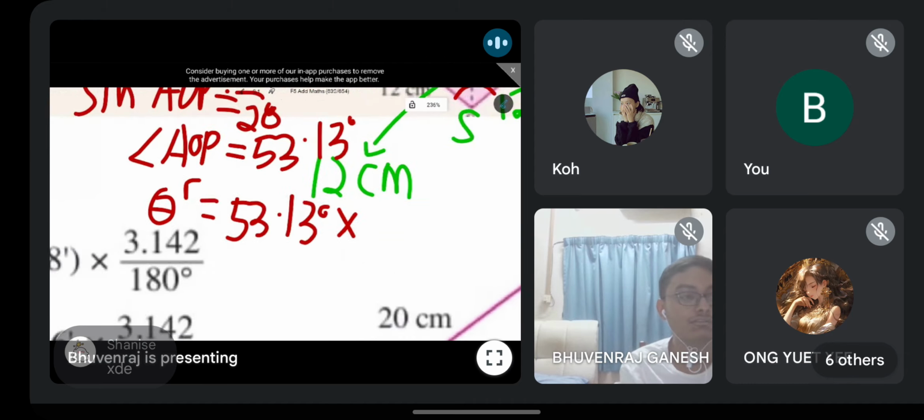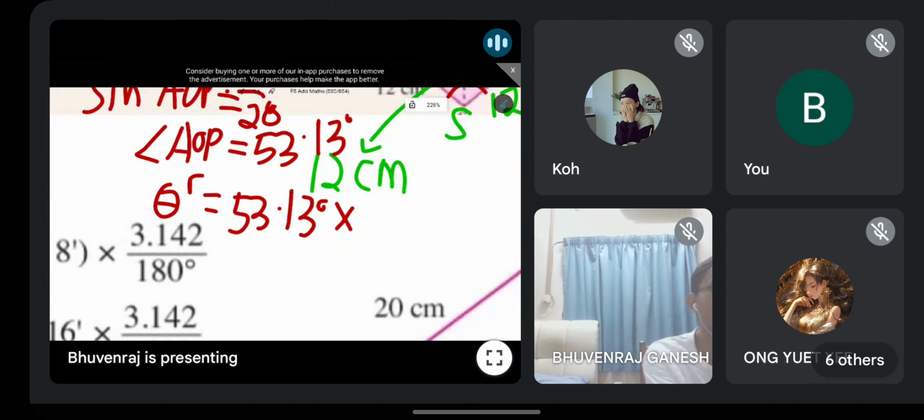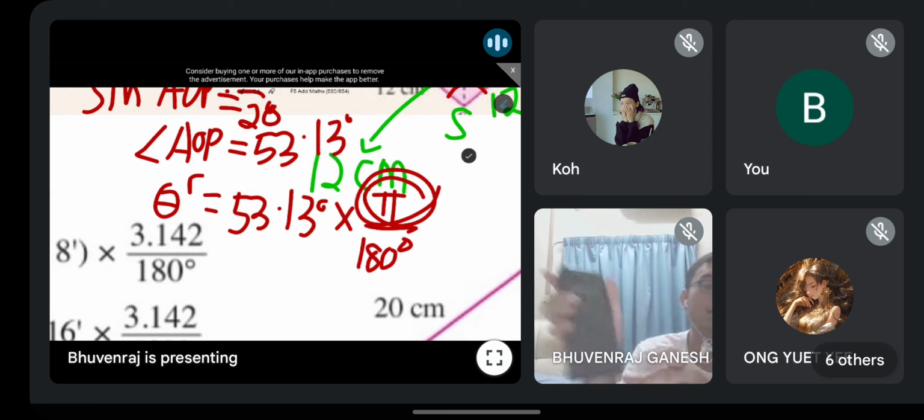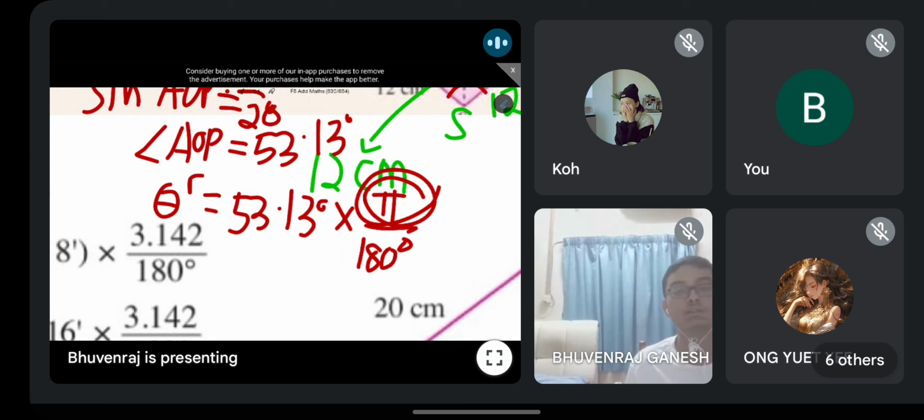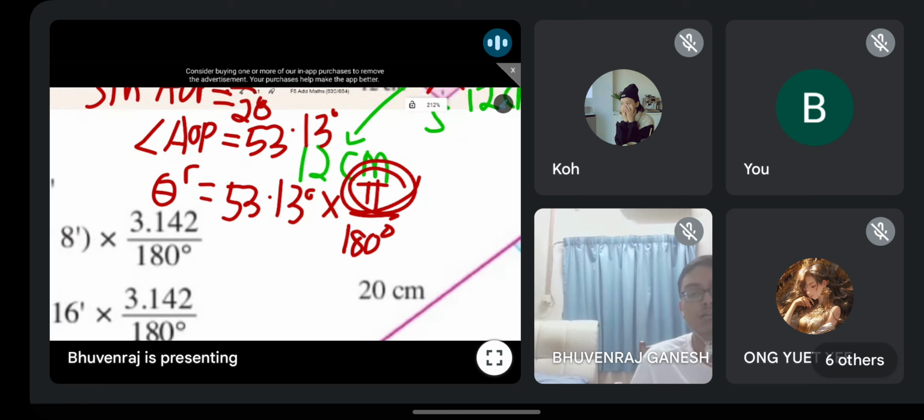Don't have, right? So guys, if they never give you the pi value, you should actually not use 3.142. You just key in the value of pi in your calculator. In your calculator, you have a pi symbol at the bottom here. So press that symbol. Don't use 3.142. Don't use 22 over 7. Use the pi symbol, the actual value, because they never give you any value.